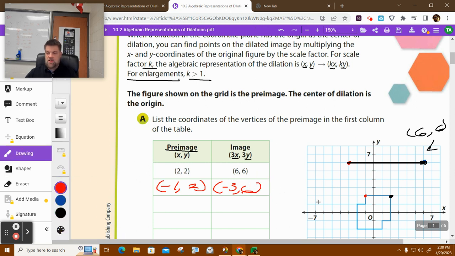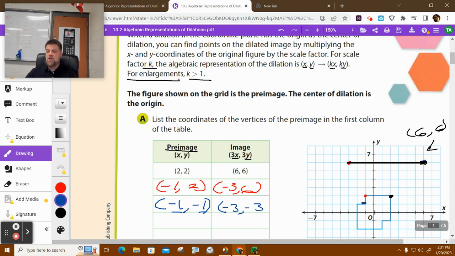And let's do the next point. What's this point here? Well, this point here, which we'll do in blue, is -1, -1. What do you think the dilated point is? What do I put here, guys? We got to think, what's -1 times 3? -3, thank you.